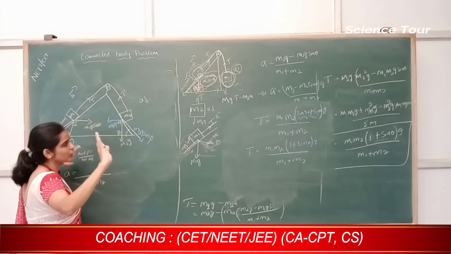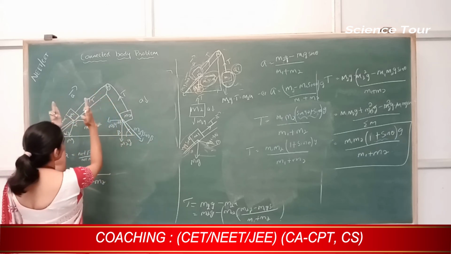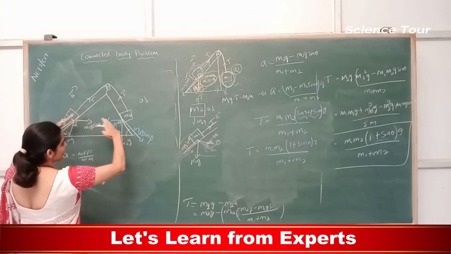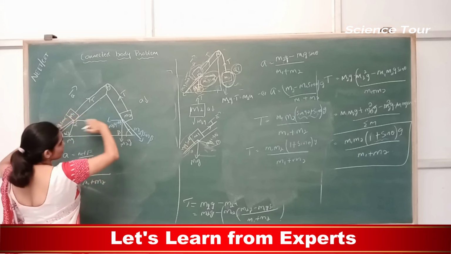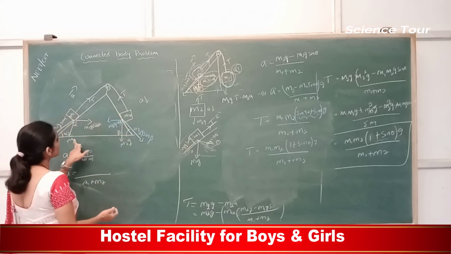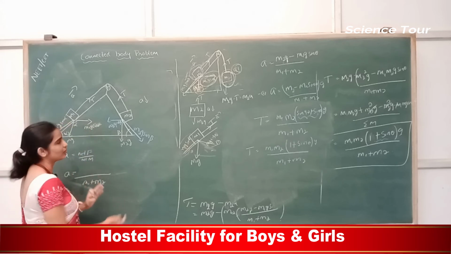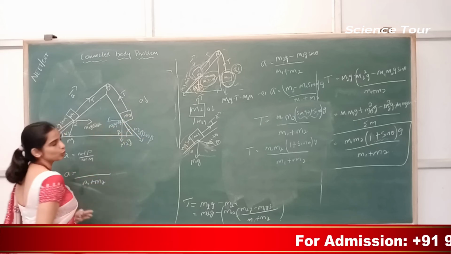I am sorry, not horizontal, inclined surface. So if it is horizontal, weight would act like this. But now they are acting at an angle theta. Weight of both m1 and m2 should be resolved along the x and y axis. So m1, its components are m1g cos alpha and m1g sin alpha. The weight of m2, its components are m2g sin beta and m2g cos beta.